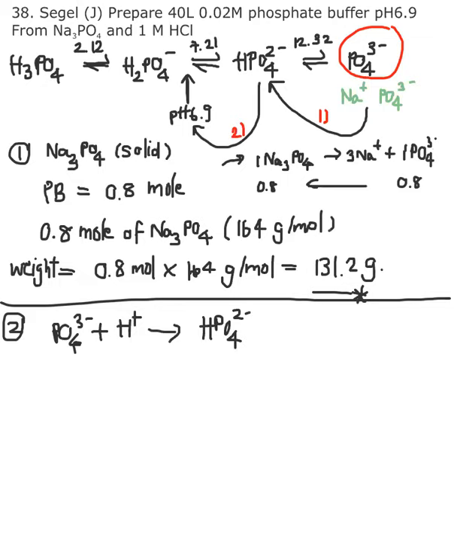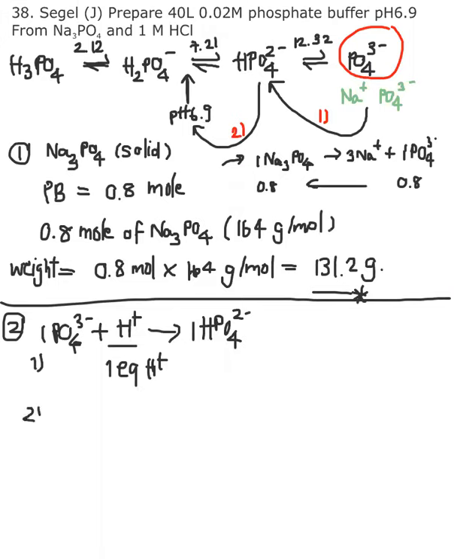So you need to change one equivalence of PO4 3- to one equivalence of HPO4 2-. Therefore, we need one equivalence of proton in this reaction. That is the first step of the second part here.